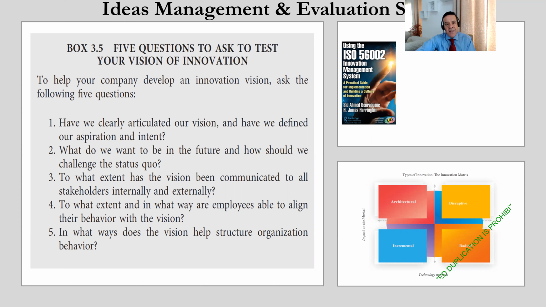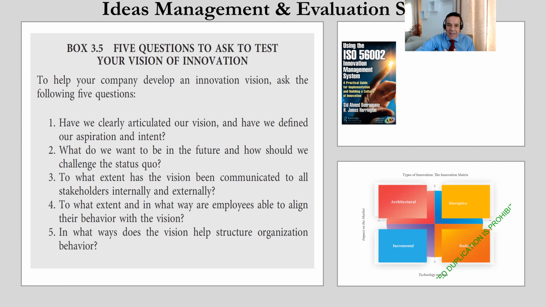Five questions to ask to test your vision of innovation. Have we clearly articulated our vision, and have we defined our aspiration and intent? If you have not done that, then most likely you still have not decided, or still have not articulated, an innovation strategy. What do we want to be in the future, and how should we challenge the status quo?